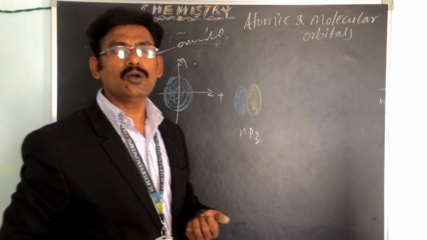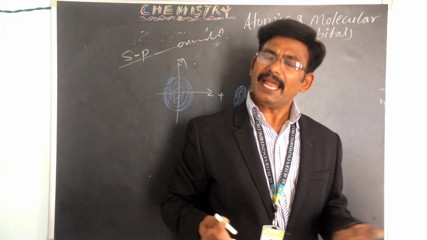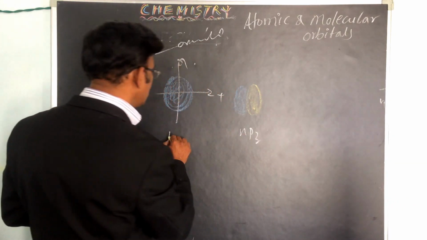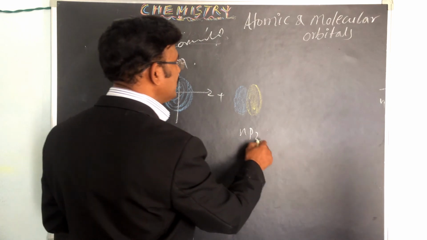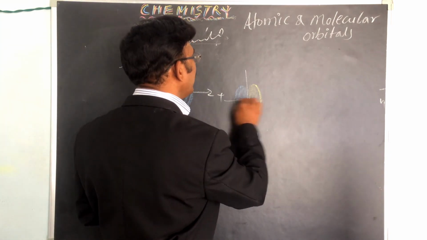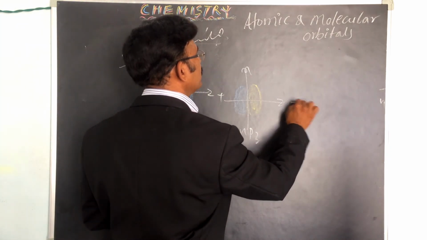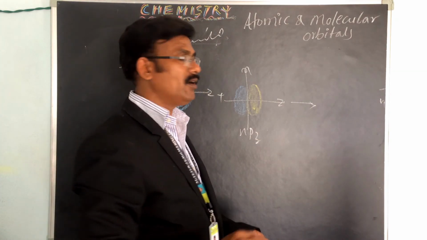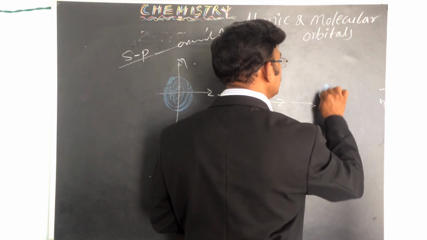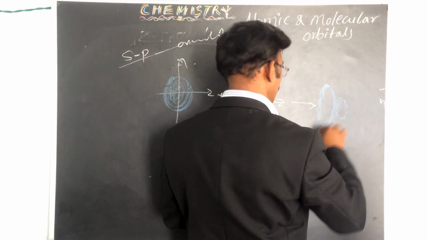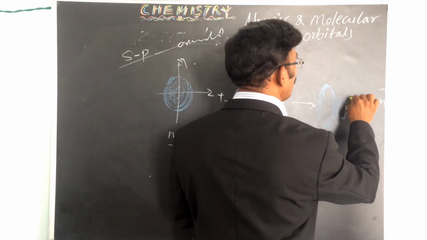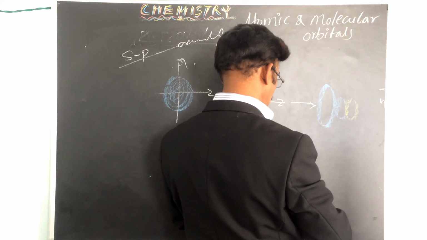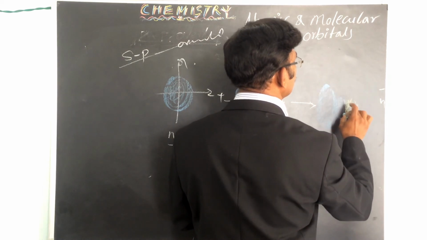This one s orbital, we can say, is just NS. This is the NS and NPZ. So this is also the X direction and Z direction. So when combined, what compound is formed here? The direction is this one, and the formation is like this.